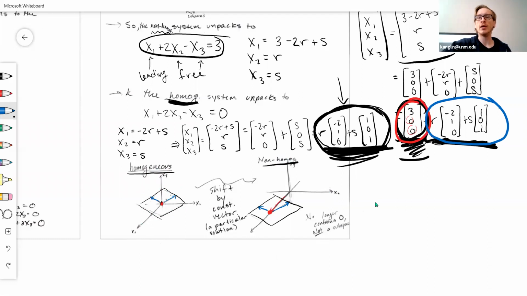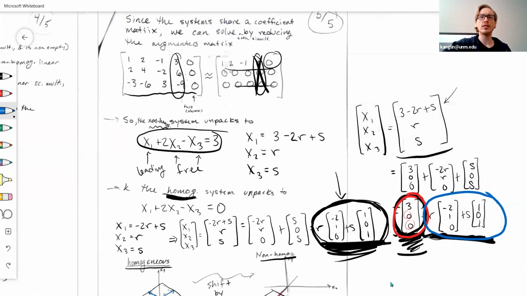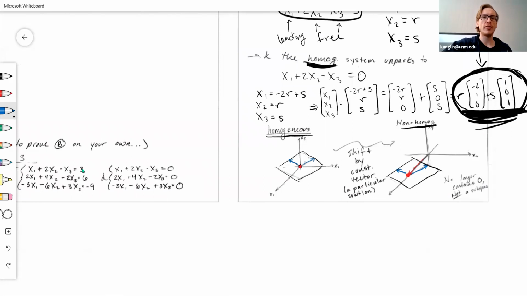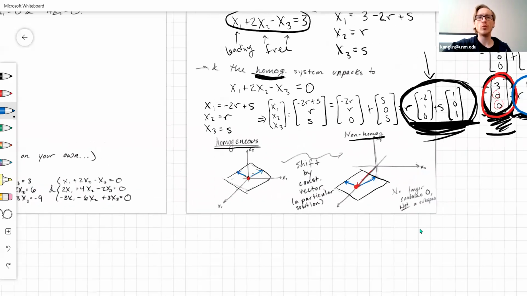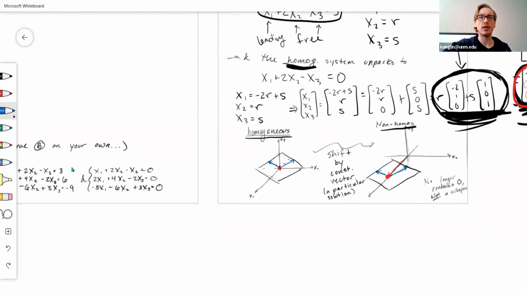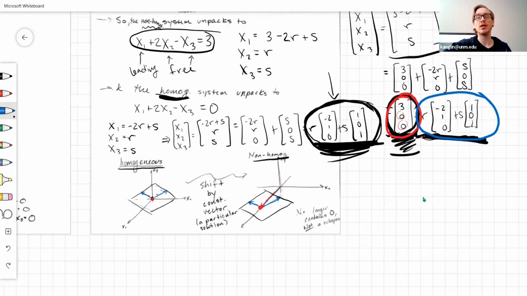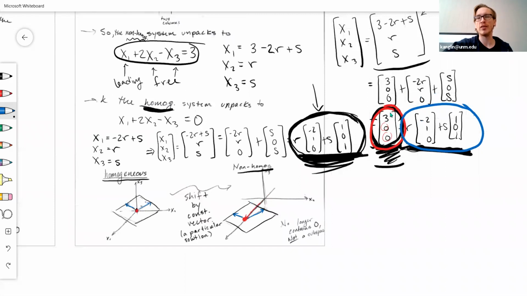Now, you might notice here that we had 3, 6, negative 9 as our non-homogeneous right side, but that vector 3, 6, negative 9 isn't where we shifted. So it's not just that whatever's here is the amount we shift by, it just causes some shift, in this case, a shift by the vector 3, 0, 0.